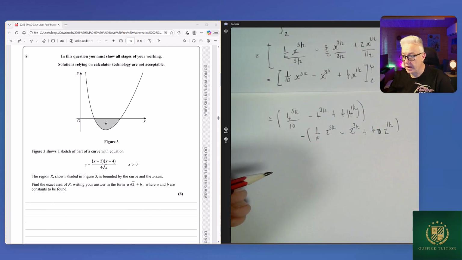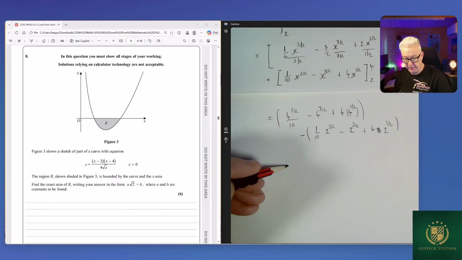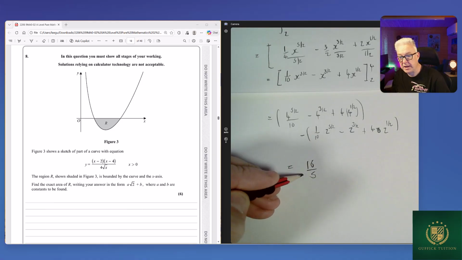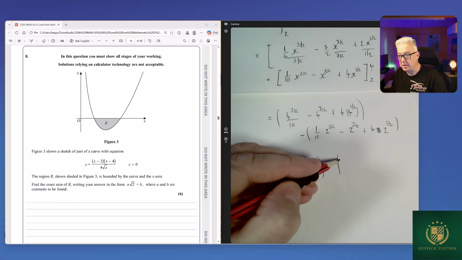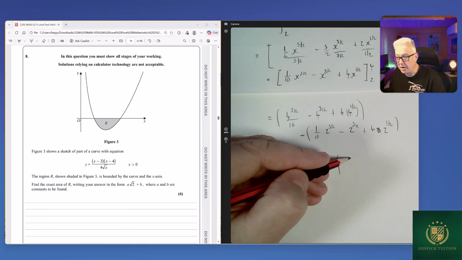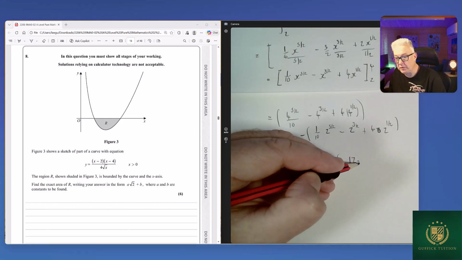Now let's evaluate all of these. Our first bracket turns out to be 16/5.